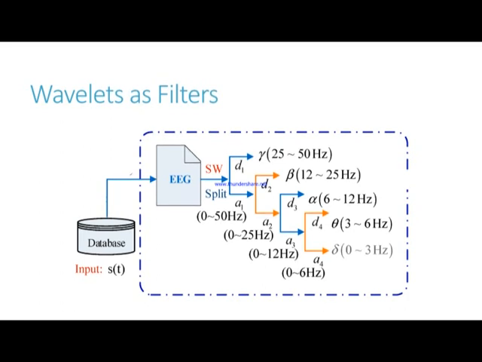And the final approximation coefficient is just the delta frequency band, which is from 0 to 3 hertz. Notice that on each level of decomposition, the detail coefficients correspond to a frequency range, and the last approximation coefficient is just the last frequency band that we're going to describe.